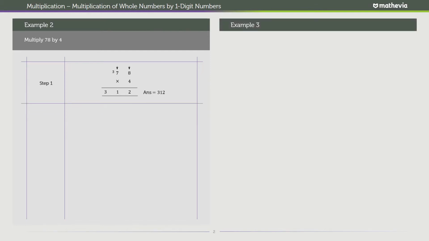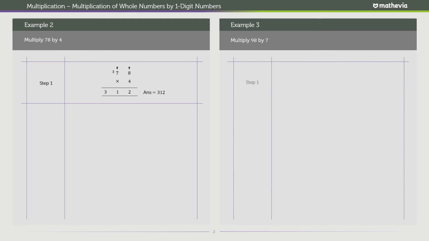Another example, example 3. Example 3 says multiply 98 by 7. So 98 multiplied by 7, and we're going to multiply digit by digit, and we start off with 8. Okay, and we say 7 times 8. 7 times 8 from our multiplication table would give us 56, and what we do is we write down 6 and we carry 5 over to the left.